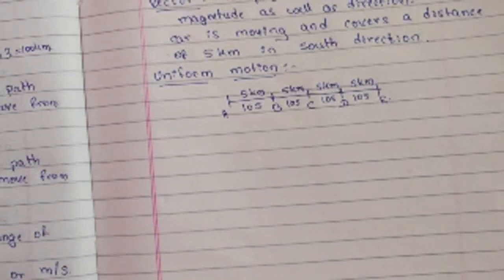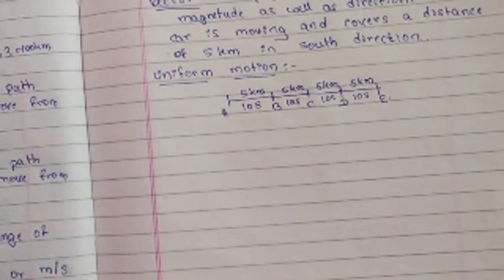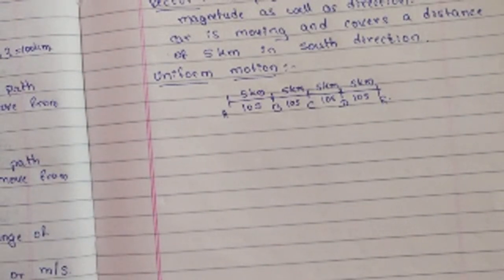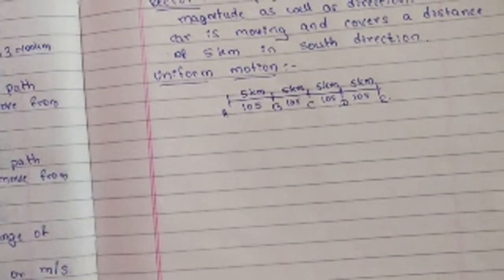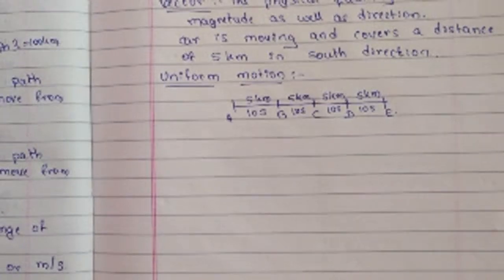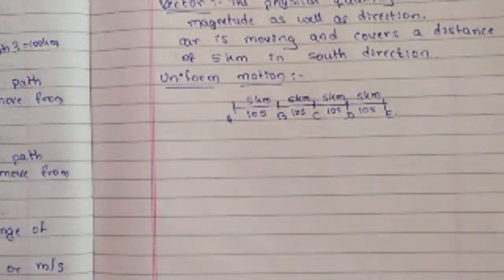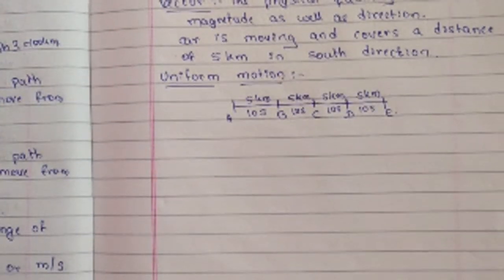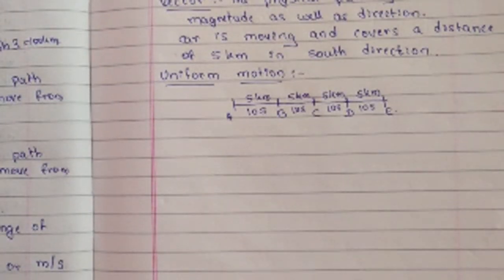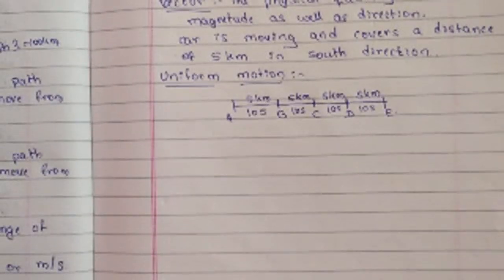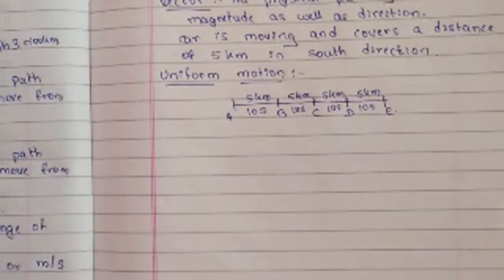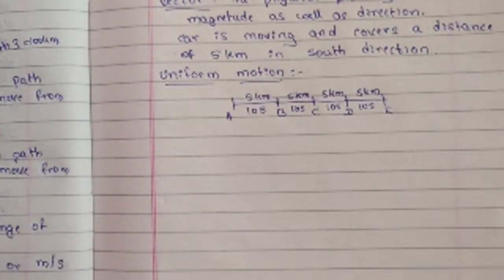So if an object covers equal distance in equal interval of time, that kind of motion we are considering as uniform motion.